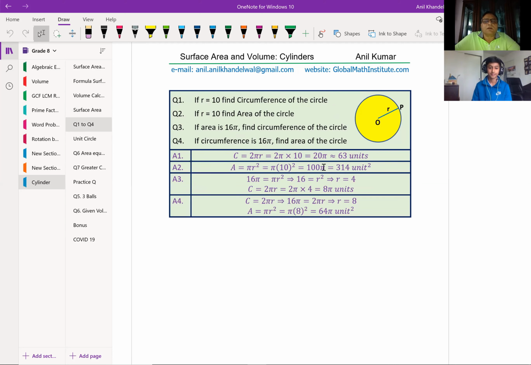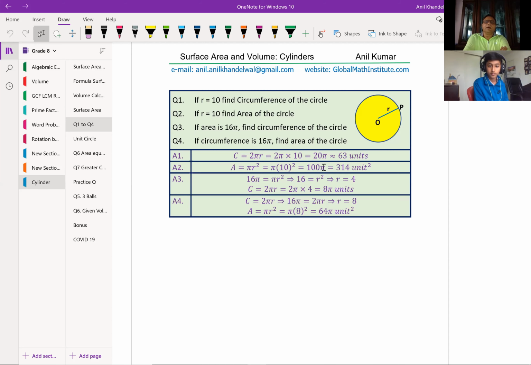So, question number one, can you read the question and answer? Yes. So the radius is 10. 62.8 cm, that's correct, circumference.